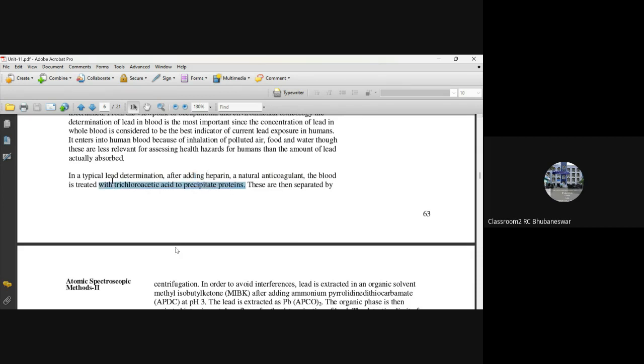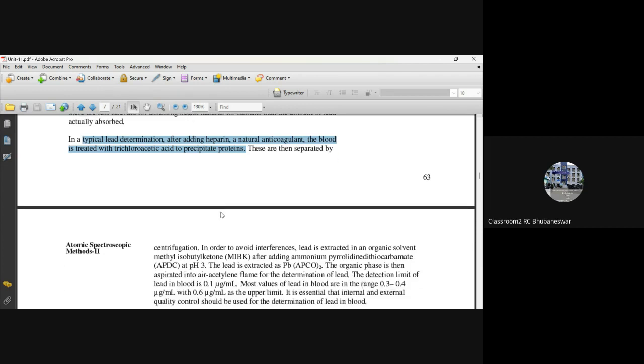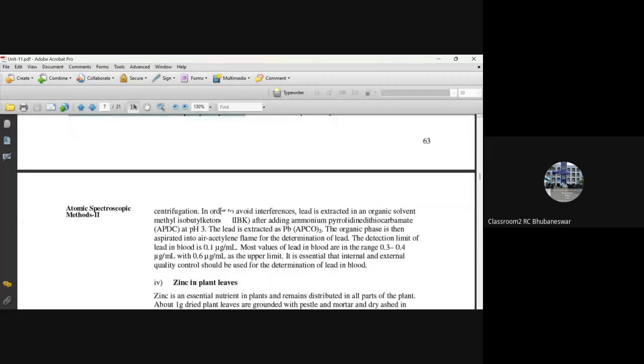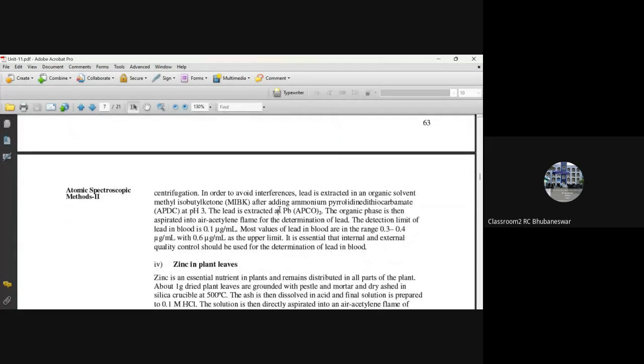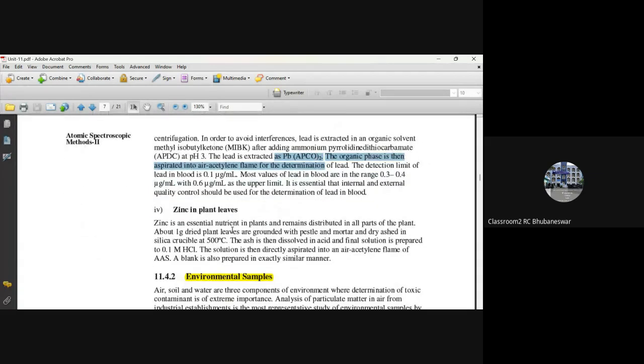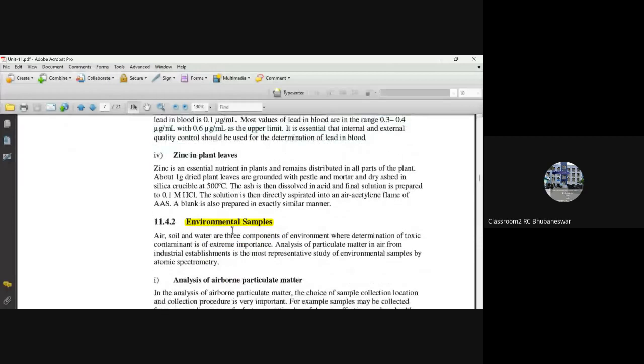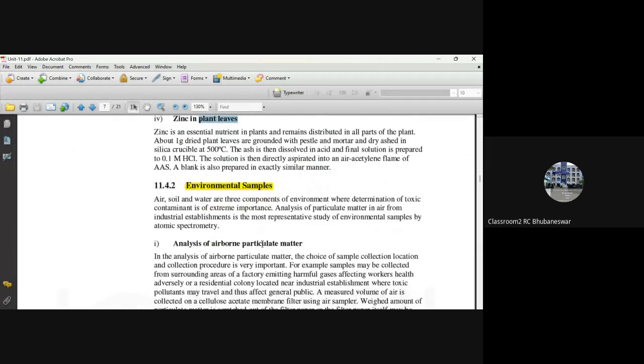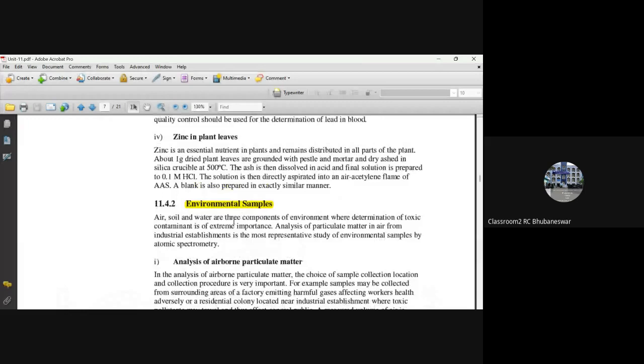See, like the way I was telling you previously, there are some chemical methods before going for the AA study: which chemicals we need to add, how you have to do the sample preparation. Zinc in plant leaves also can be studied by using AAS. Then, as far as biological things are concerned, that was the thing.